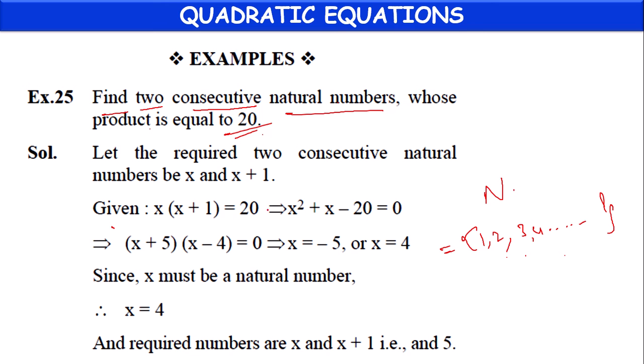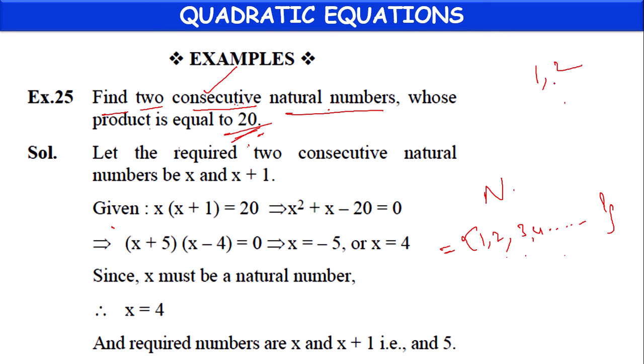Here we have to find two consecutive natural numbers, meaning side by side, one after another, whose product is equal to 20.